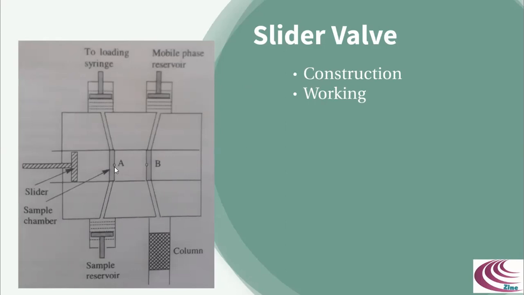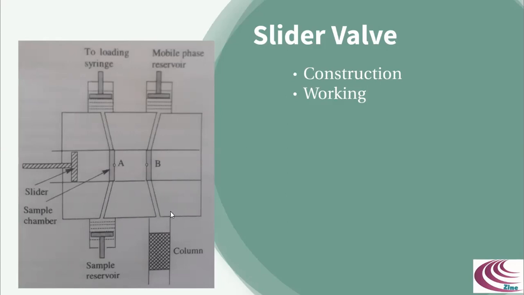The chamber for the sample solution has a small aperture on its right side, as you are observing, which opens up only if the pressure is applied on it. Another chamber B is for the mobile phase. It is connected on one side to the mobile phase reservoir and on the other side to an analytical column.